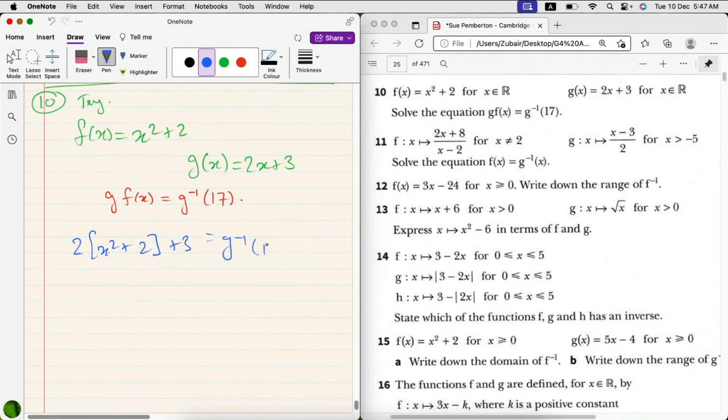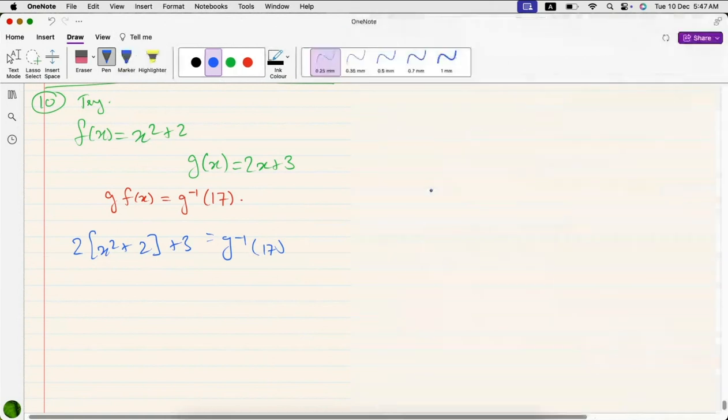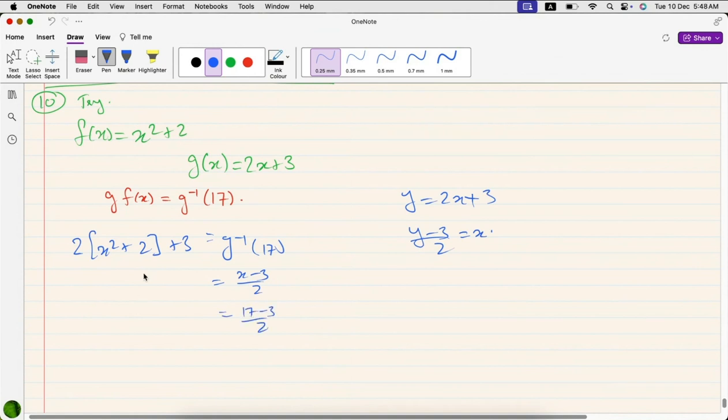I'll have to work for that. y is equal to 2x plus 3. y minus 3 over 2. 7 minus 3 is 14. 7. 2x squared plus 2 plus 3.